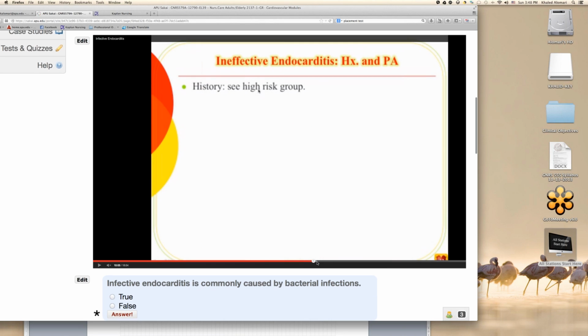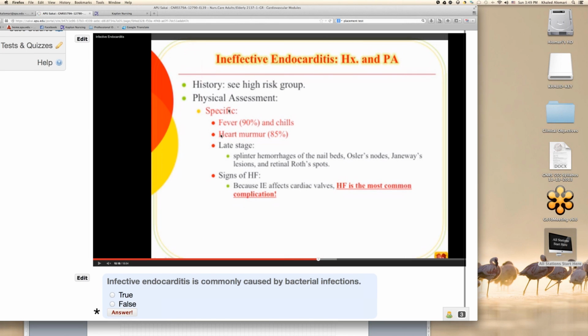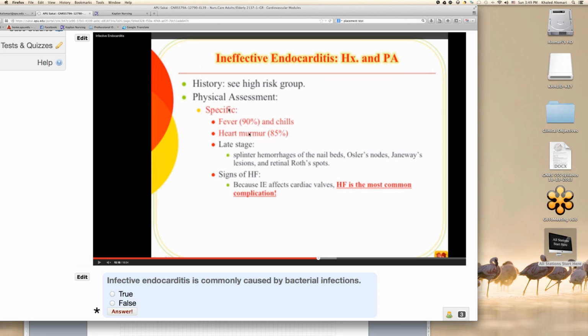Okay, again, the high risk group. It makes sense to see 95% with, of course, fever, and this is an infection, as well as chills, and murmurs in 85%, because again, it affects the valves. Now, not every endocarditis will lead to destruction of valves, but every inflammation of the endocardium can cause some dysfunction, temporarily at least, where you will hear a murmur.